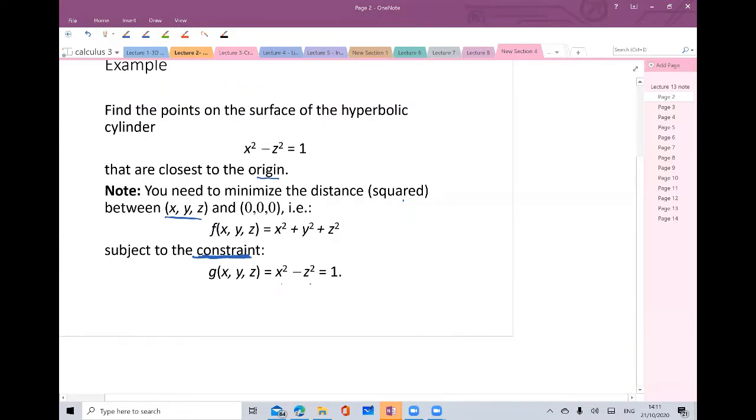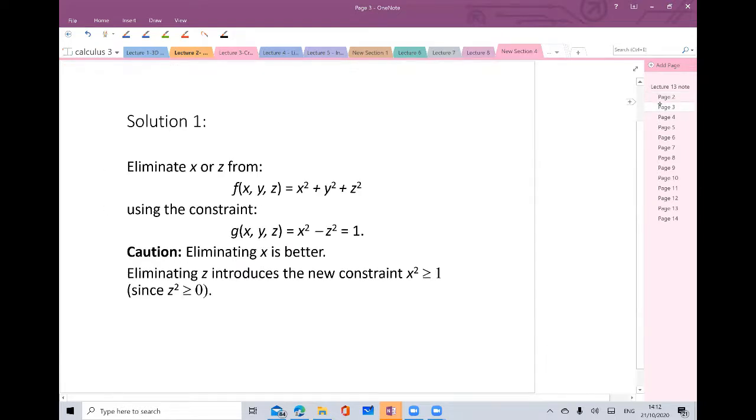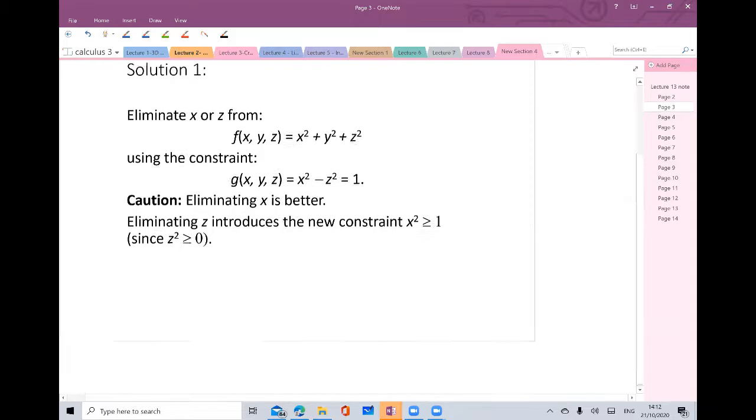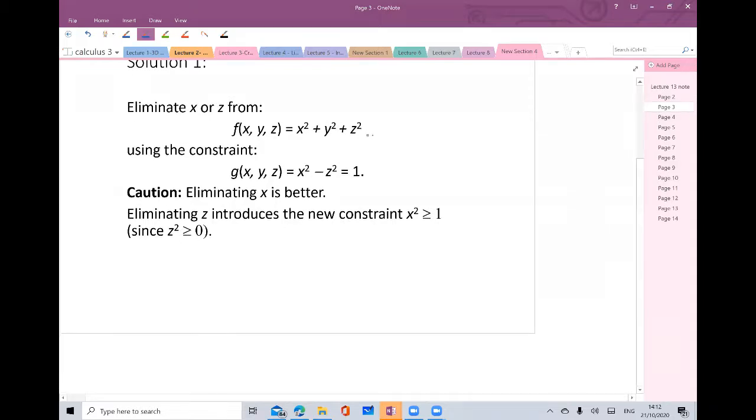Let's recall how we solved this problem last lecture. We want to resolve it using the other method, but let's first try to resolve it again using the information we have from last lecture. This is the distance squared function, x squared plus y squared plus z squared, to be minimized, subject to the points lying on this surface, x squared minus z squared equals 1.